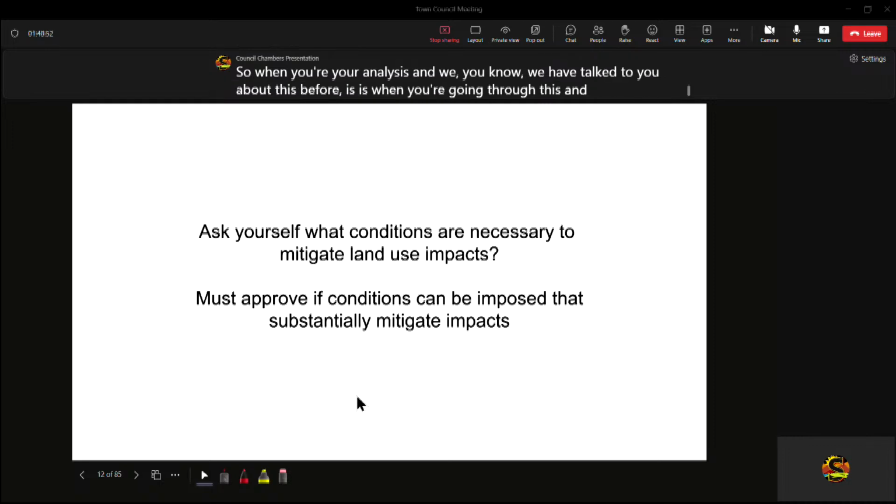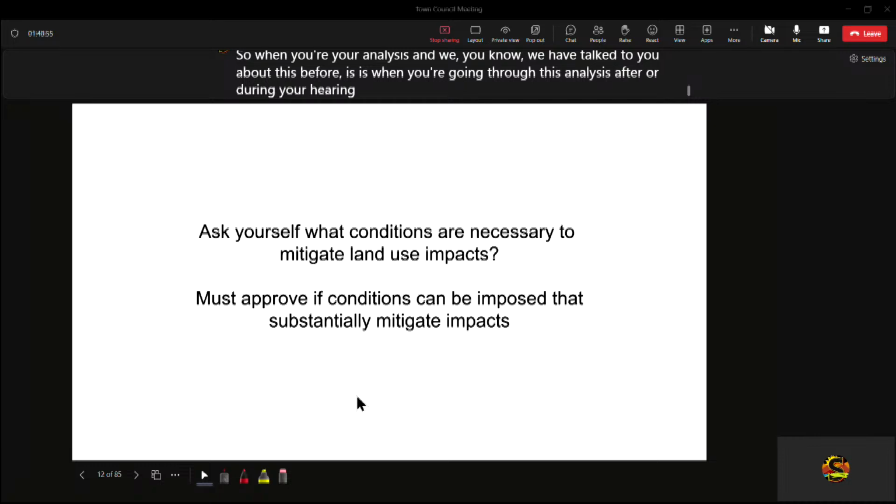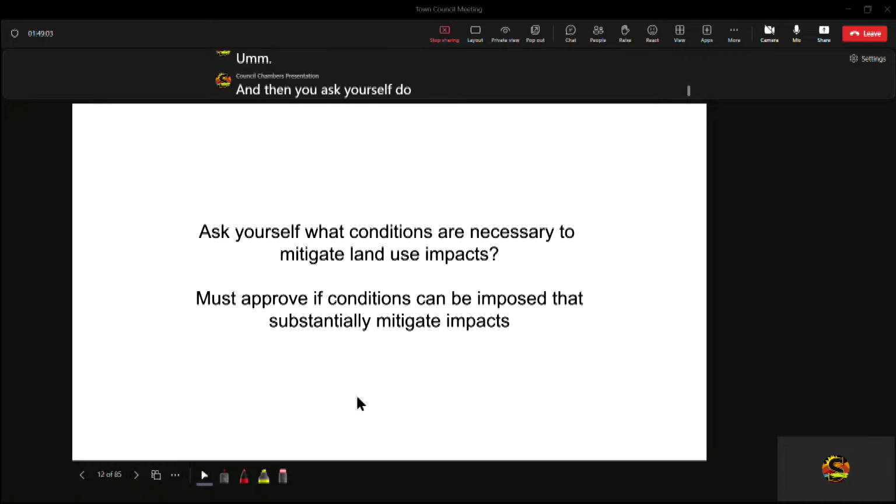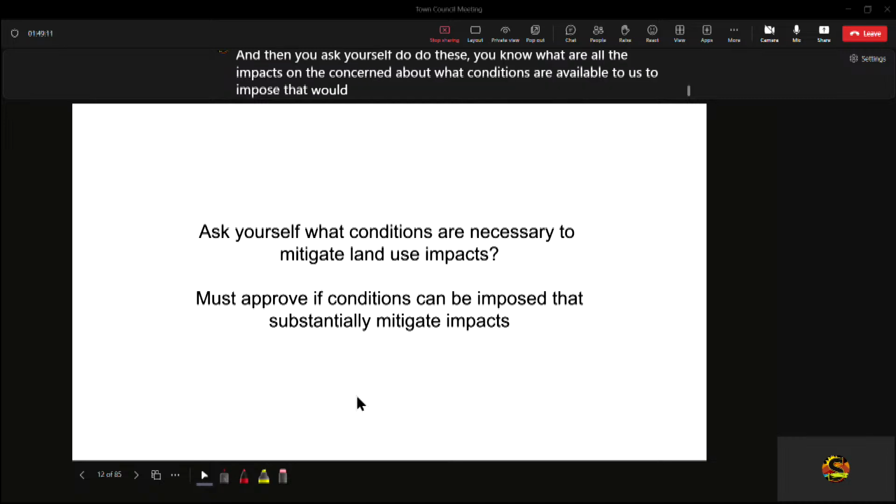When you're going through this analysis after or during your hearings, you ask yourself what conditions are necessary to mitigate the impacts. What are all the impacts I'm concerned about? What conditions are available to us to impose that would substantially mitigate the impacts? In order to approve a use permit, you have to be convinced to your reasonable standard that the impacts that are concerned over are substantially mitigated by the conditions that are imposed.